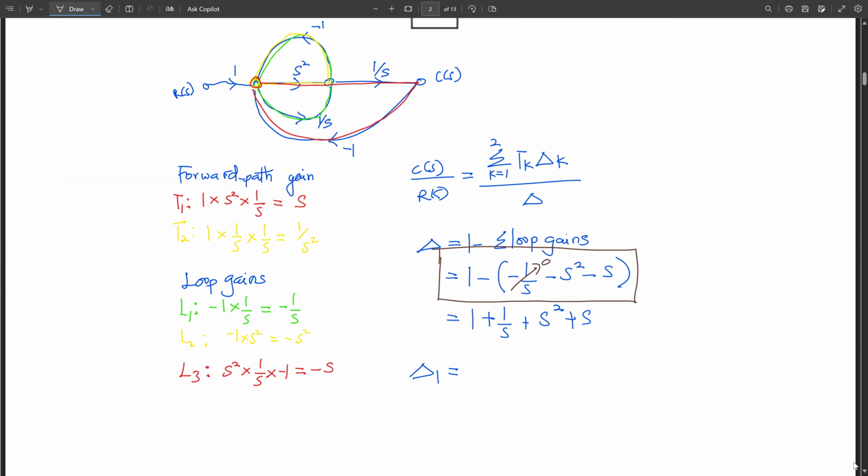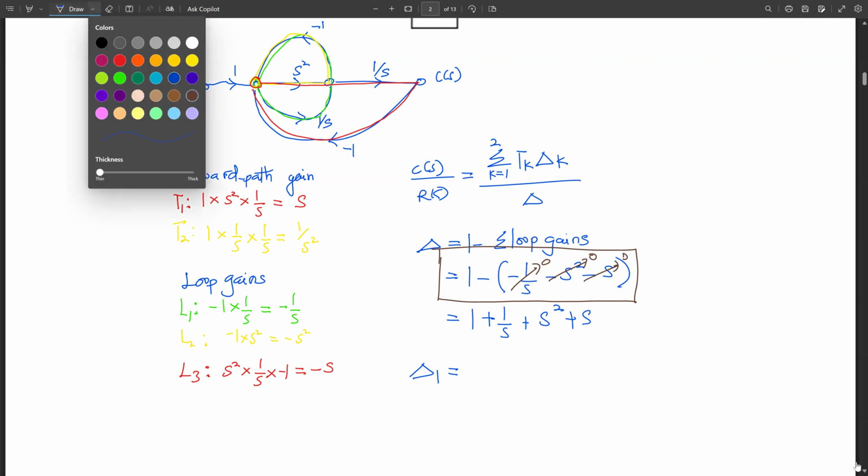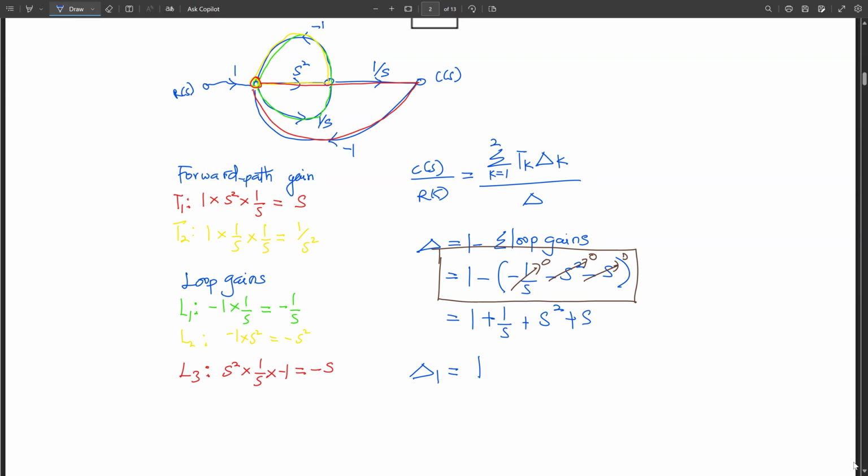The gain of the yellow loop is minus S squared. Likewise, the red loop shares common nodes with the first forward path, so we take that one out too. What you are left with is 1. That's for delta 1.